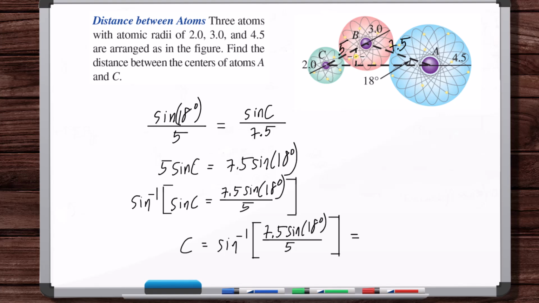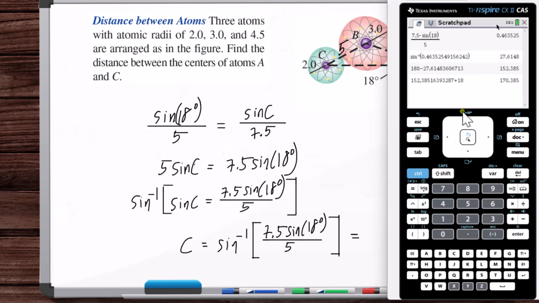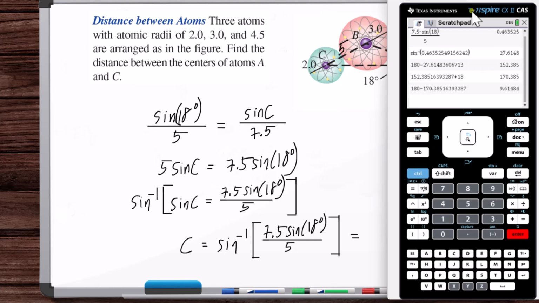So, okay, in that case, if this angle C was 152 degrees, and again, you add 18 to that, you get 170. So that would mean that angle B would be 9.6.